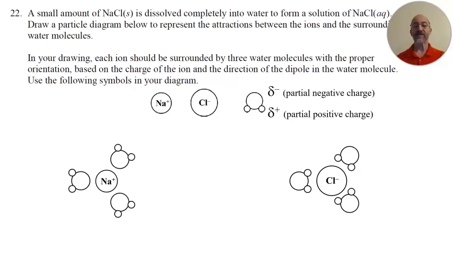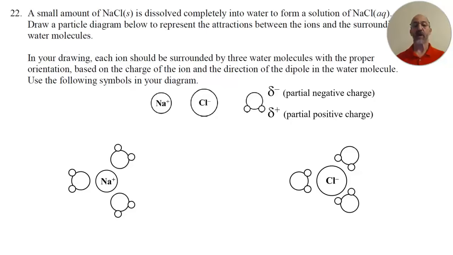So it turns out that since oxygen is more electronegative than hydrogen, then that polar O-H bond, or that polar water molecule, does contain a partial negative charge and a partial positive charge. So because oxygen is more electronegative than hydrogen, the oxygen atom carries a partial negative charge, and the hydrogen atoms carry a partial positive charge.